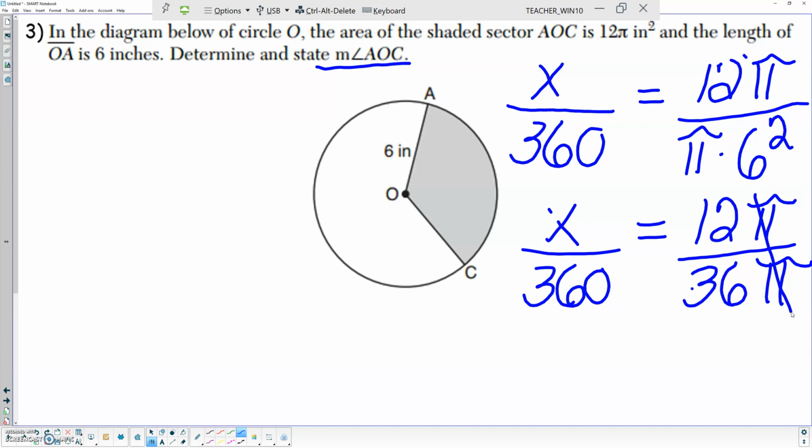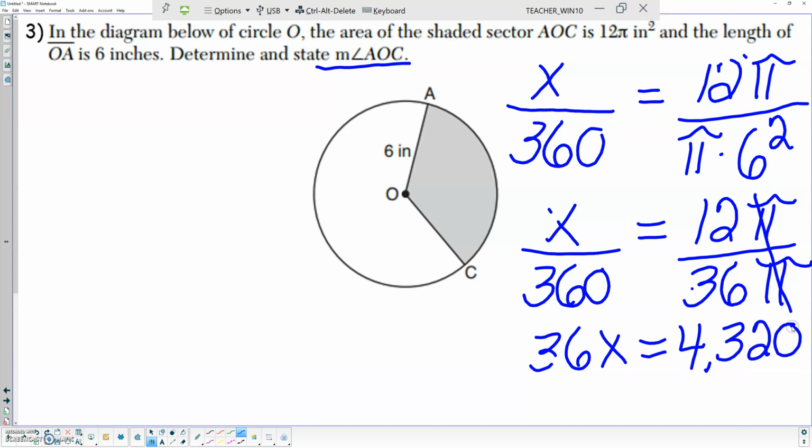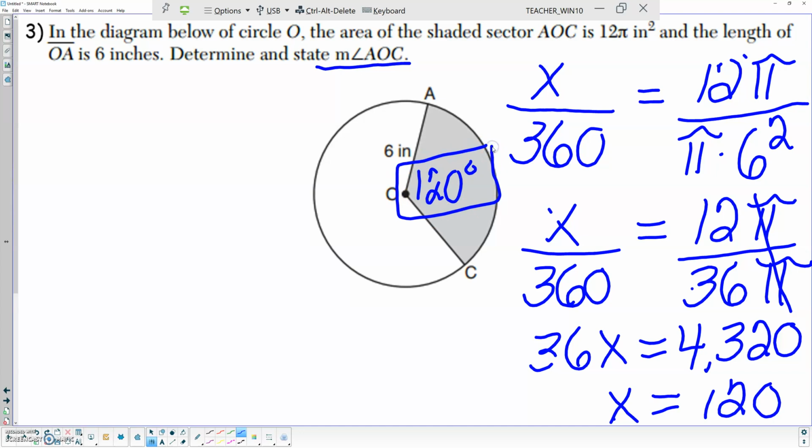So now if I cross multiply, I get 36x equals 360 times 12, which is 4,320. And then if we divide both sides by 36, we get x is 120. So that central angle is 120 degrees.